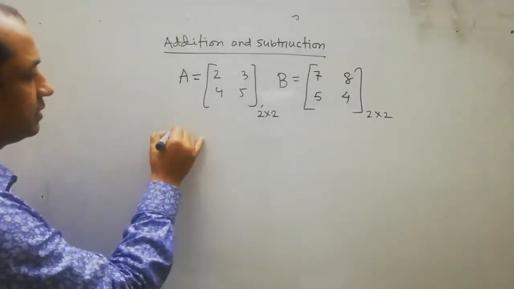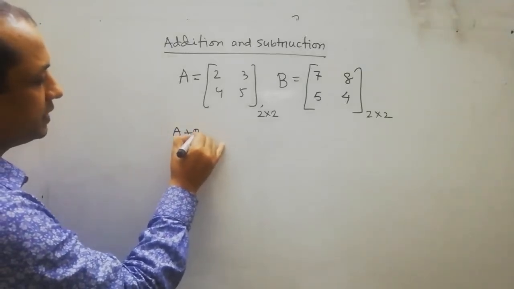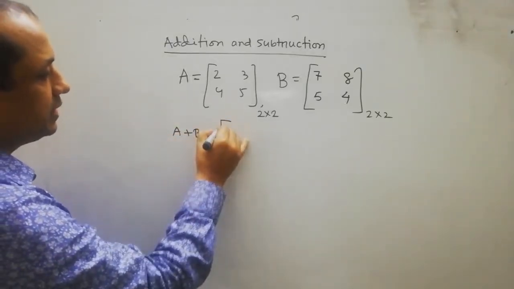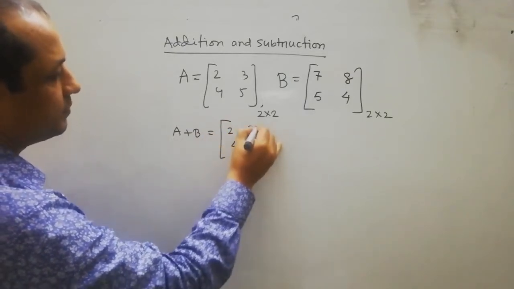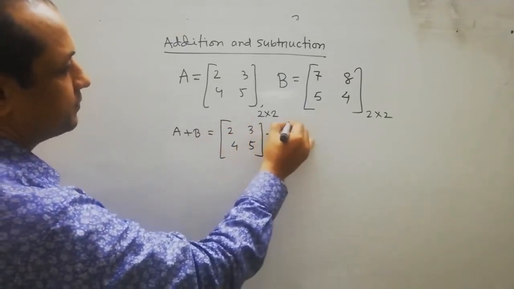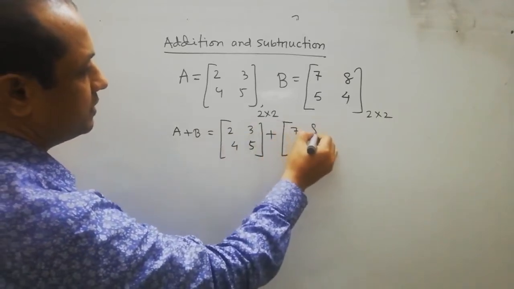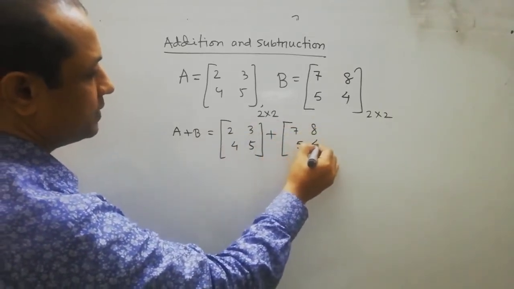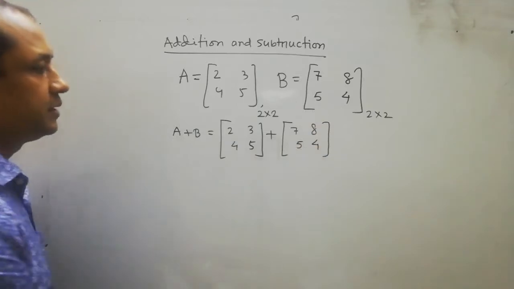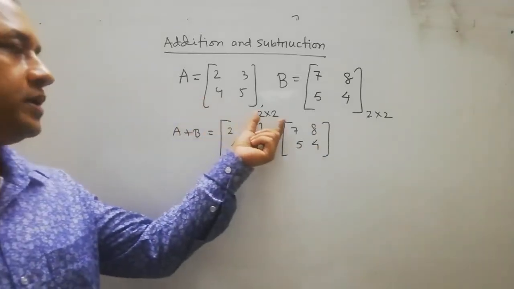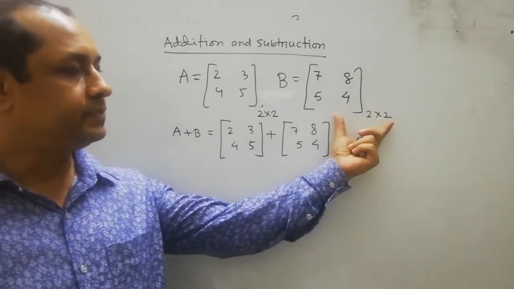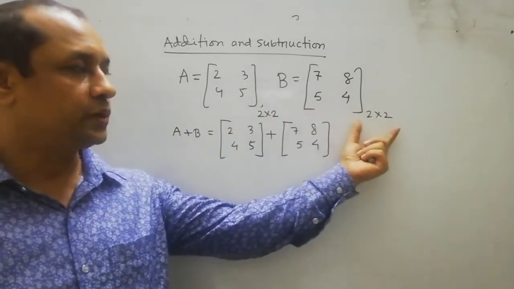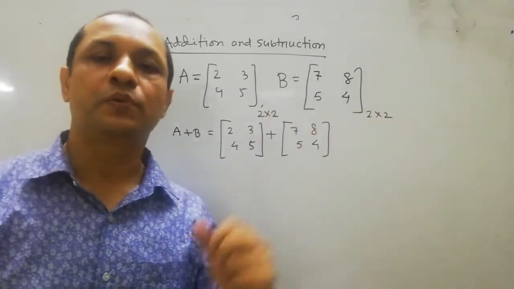Now addition, A plus B. Attention please, students. A plus B is 2, 3, 4, 5 plus 7, 8, 5, 4. Matrix A is a 2 by 2 matrix because it has 2 rows and 2 columns, and matrix B also has 2 rows and 2 columns, so they are of the same order.